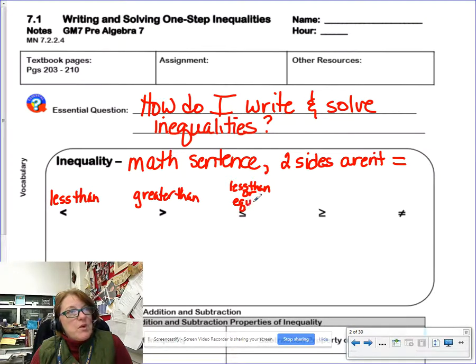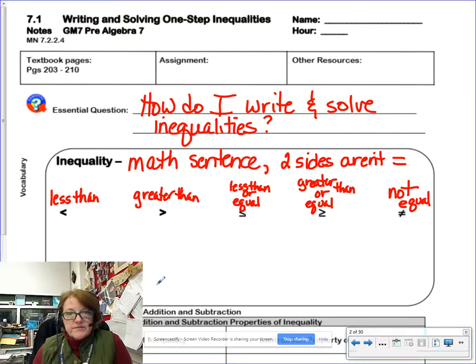It won't be both at the same time, so that's why we have to use the word "or". Same thing here. It could be greater than, or it could be equal to. And the last one with the slashy bar through there, not equal.